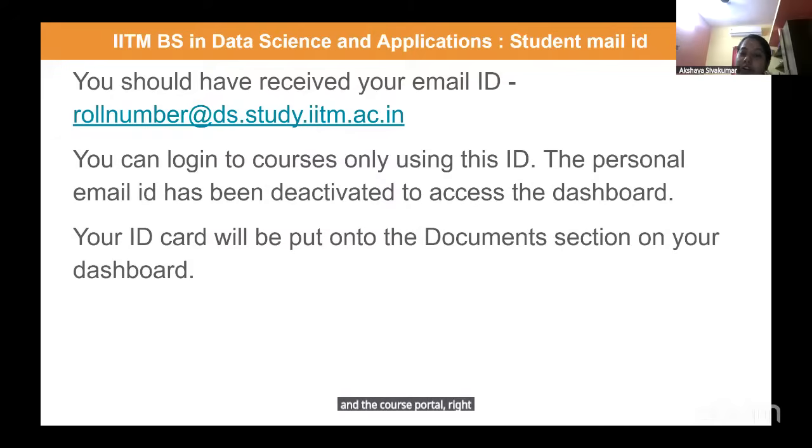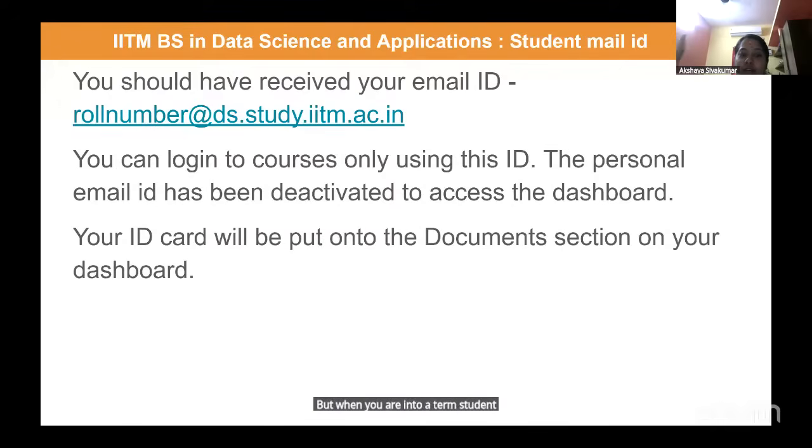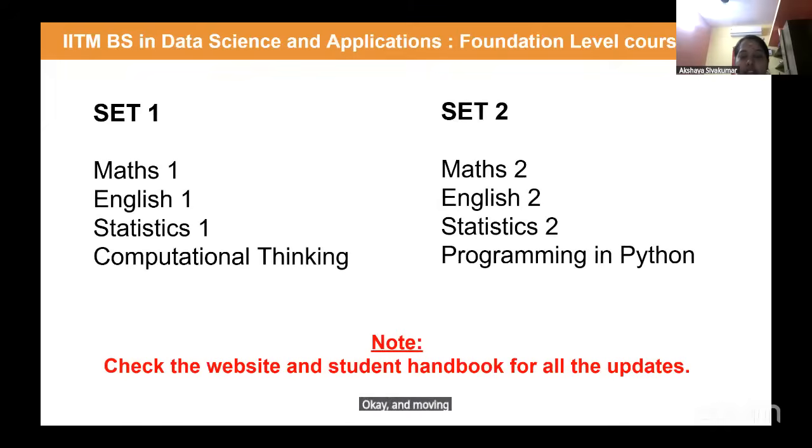The student dashboard can also be accessed with the personal registered email ID you used during your application. But as a term student, you are identified only by this roll number. All course access, the course portal, the Discourse forum, the GSpace, or any announcement will be sent only to your student email ID and not to your personal email ID.